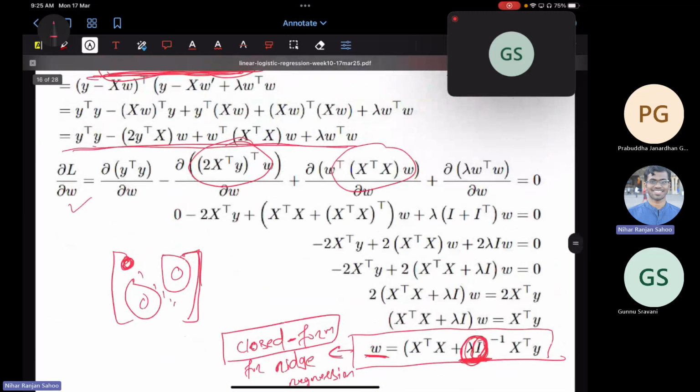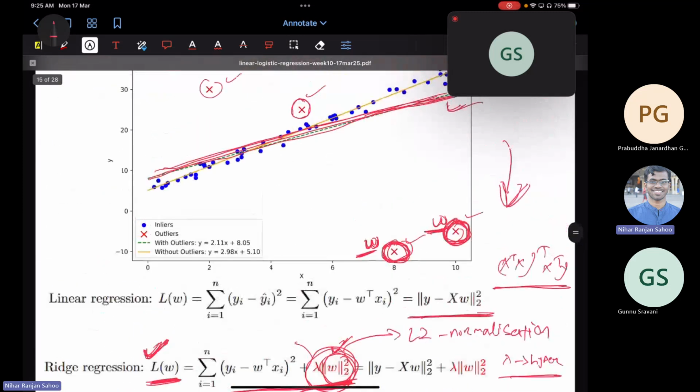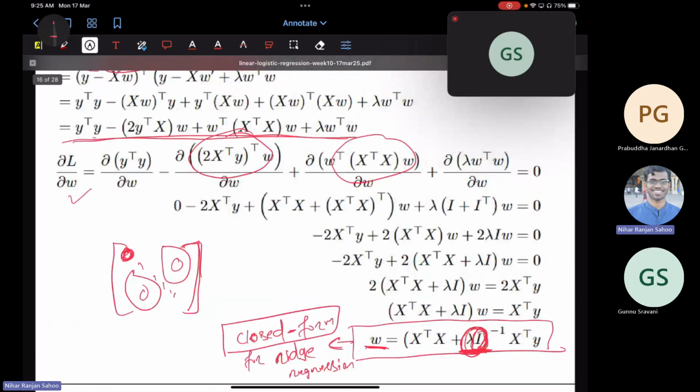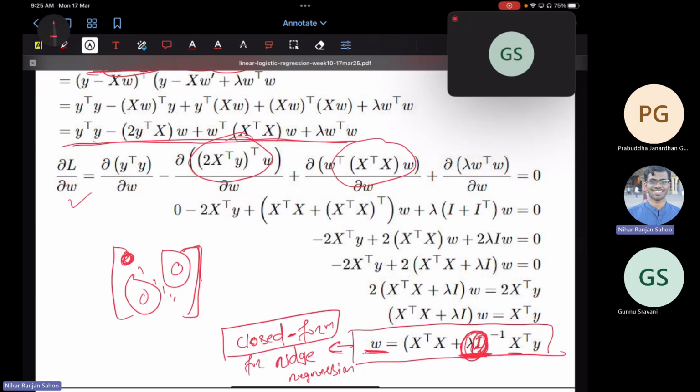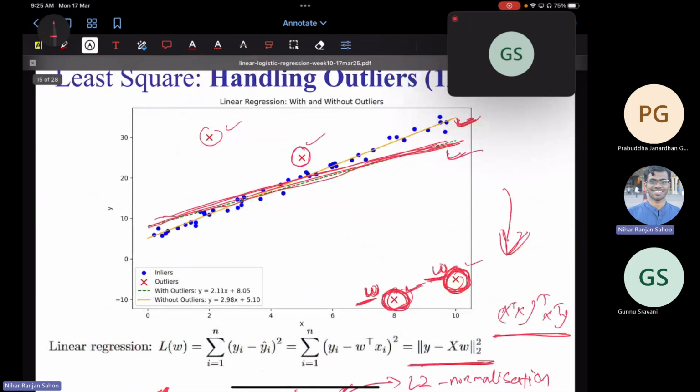Now we'll see how we're able to get rid of the effect of outliers. If some data points X are outliers, even if this is an identity matrix, this lambda value can be adjusted in a way that W will have very low effect on the X values, right?